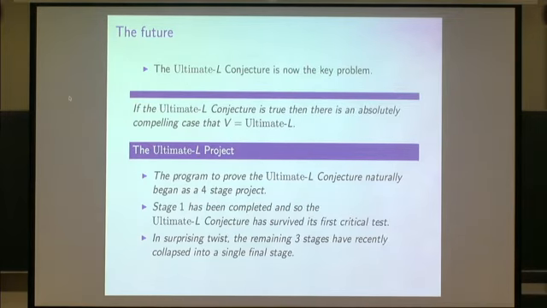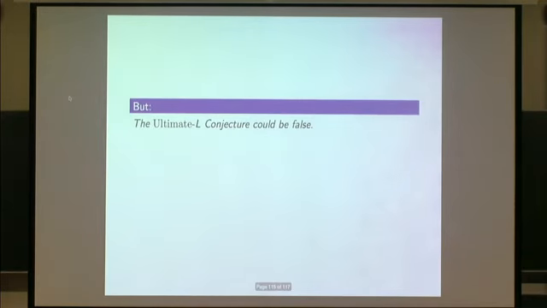In a surprising twist, the remaining 3 stages have recently collapsed into a single final stage. So that's kind of good news, bad news. That could be a precursor to the ultimate L conjecture being false, or it could be a precursor of actually finding the way to prove it. Too early to say. But the ultimate L conjecture could be false.